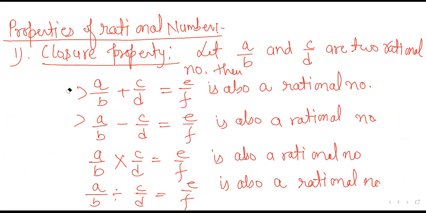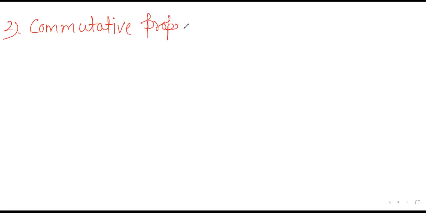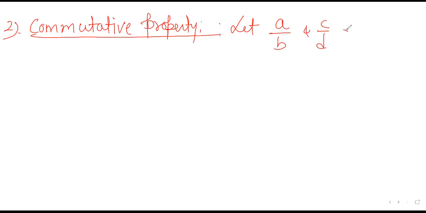So let us move on to the next property, that is commutative. The second one is the commutative property. Let us suppose a upon b and c upon d are two rational numbers.